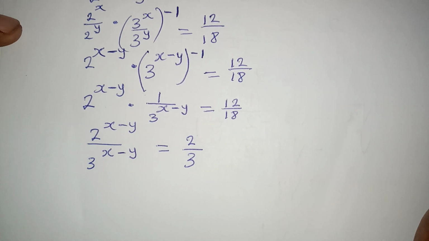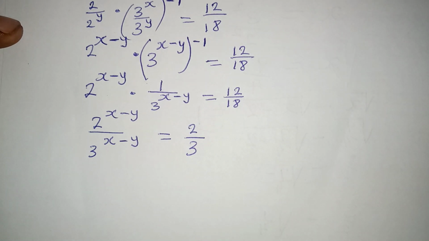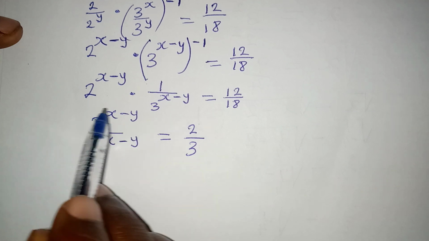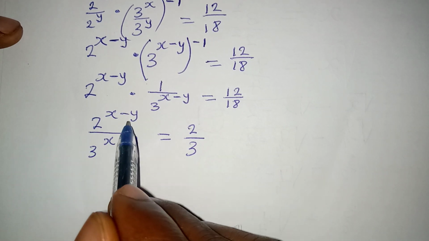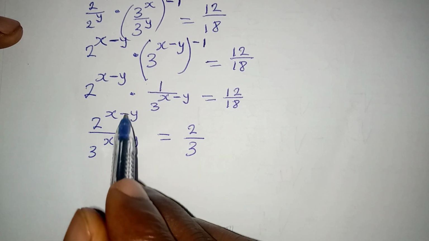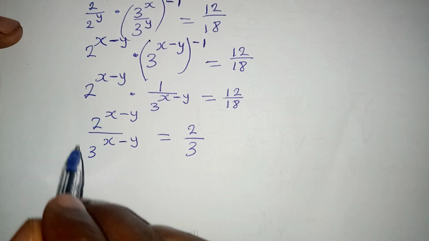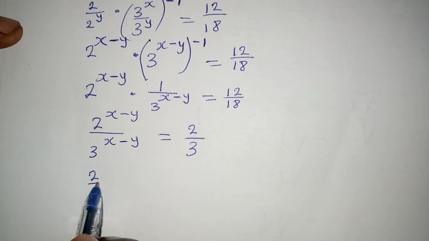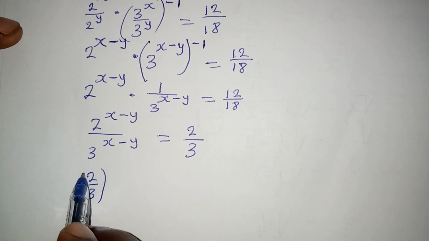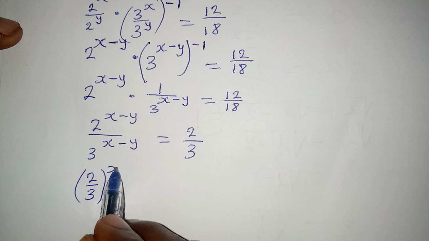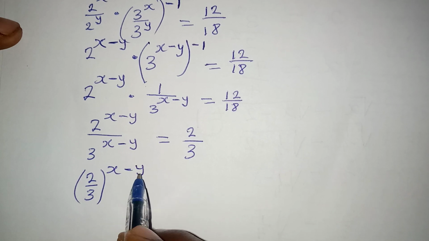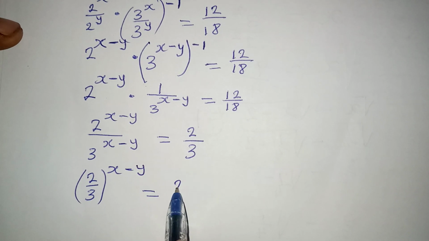And then, coming back to the left hand side, we're having the same power, right? So there's a law that says we can combine this. So if you pick 2 over 3, you can raise both of these to x minus y, and this will be equal to 2 over 3.